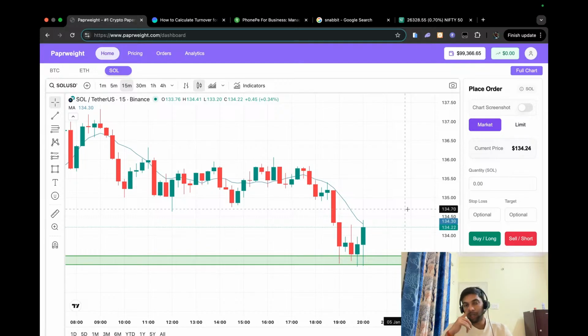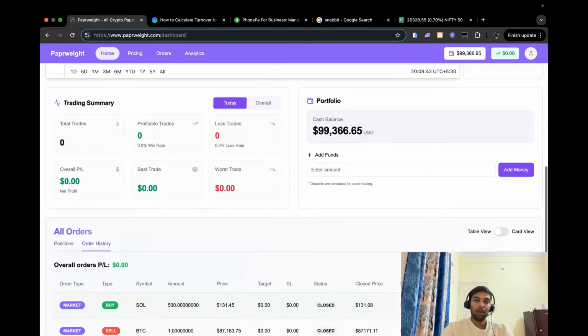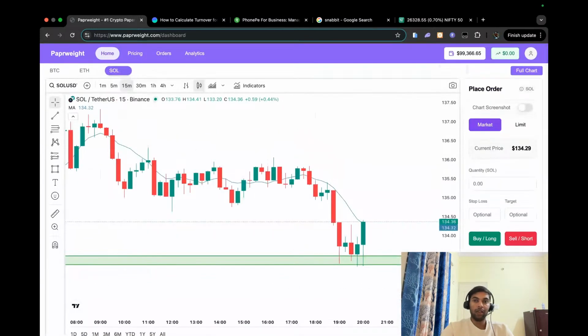Or 30, 40, 50 Ethereum, so that you get a good opportunity to trade with the real market and with real data, right? This is the real simulation of the trading world.